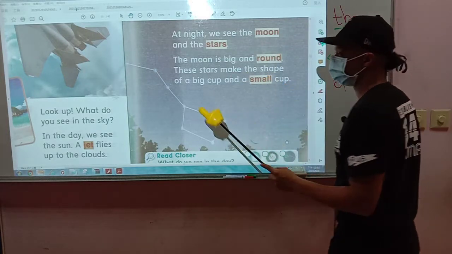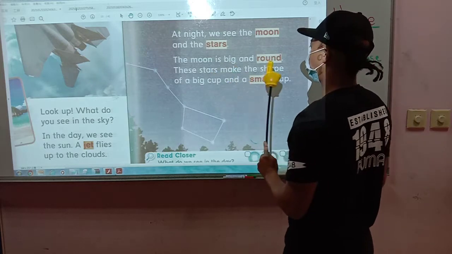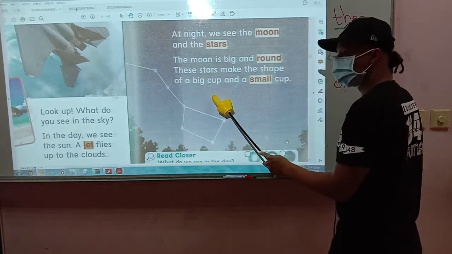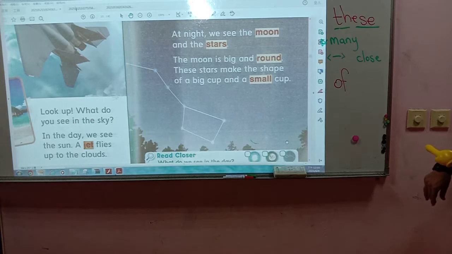These stars make the shape of a big cup and a small cup.